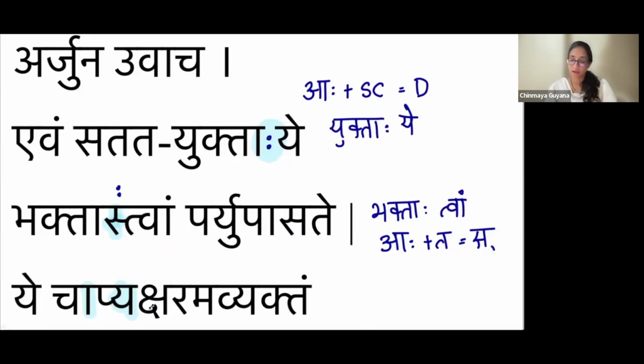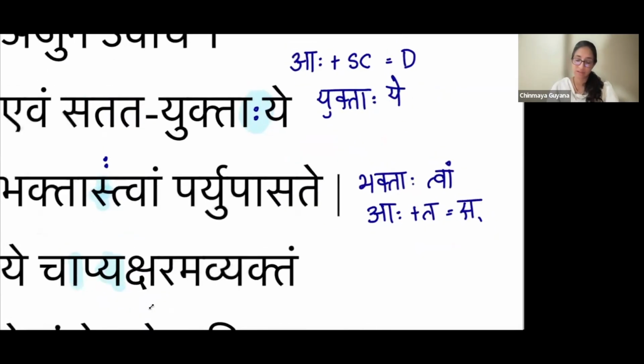So you have a and tha. Aha and tha, when you put those together in the visarga table, you see that the visarga turns into a sa halant. So my original words are going to be, I'm going to take this sahalant and change it into a visarga. So I get bhaktaha, and then the two words are separated. When I bring the visarga, the words get separated if they are joined.